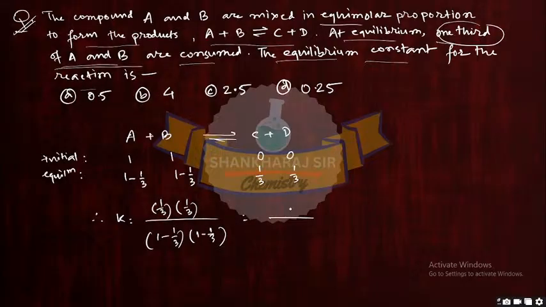So you solve it, you will get 1 by 9, and the denominator will be 2 by 3 times 2 by 3, so you can write 1 by 9 over 4 by 9, so ultimately you will get 1 by 4, that will be 0.25. So option D is the correct answer.